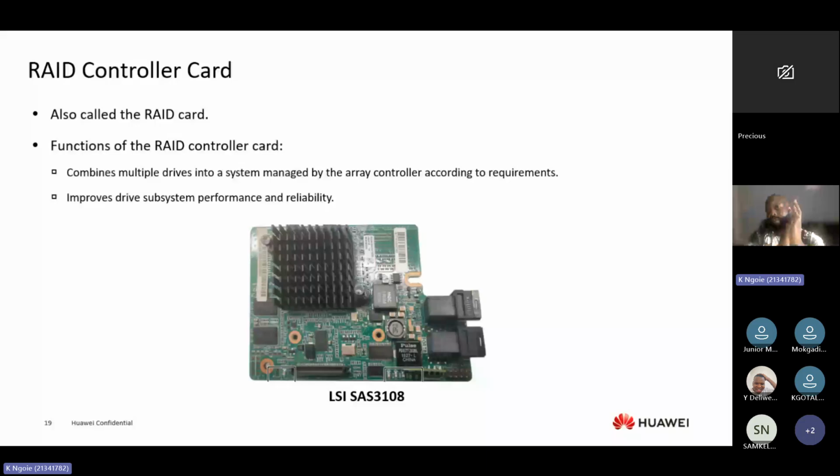You can take the normal computer that you have, maybe a tower, but you need to be experienced in that. There are certain things that you can change to accommodate the type of project you are working on. An example is a RAID controller card, which is also called a RAID card.